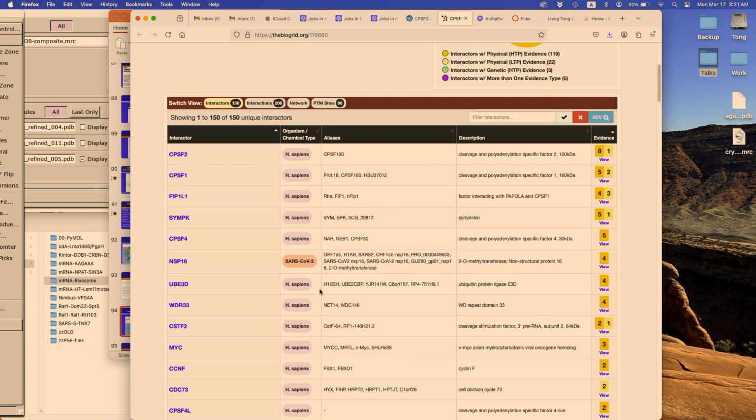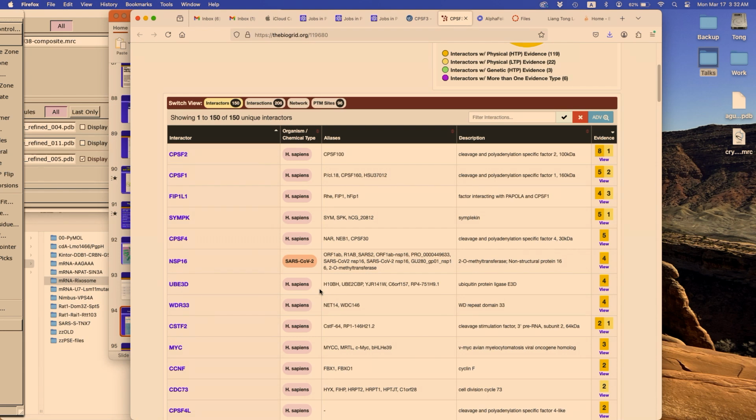So these are sorted by number of evidence right here. You probably cannot see in the back, but anyway, it's the number of evidence that they form a complex. So AlphaFold can be very powerful in that sense as well. If you have a hypothesis that your protein has a binding partner, but you don't know where it is, you can go to UniProt and then go into BioGRID or any other database you like.